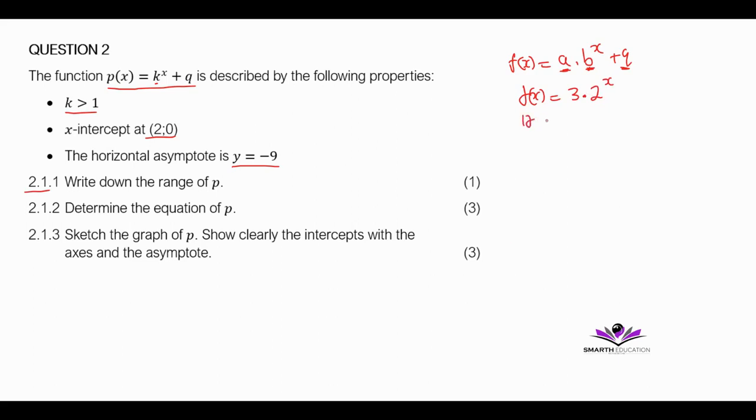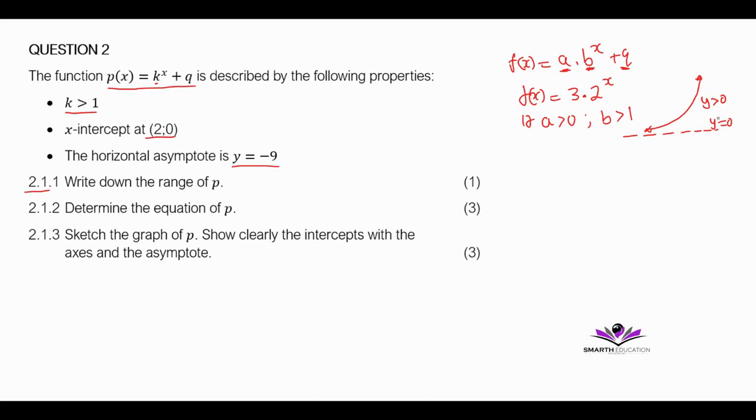If a is greater than 0 and b is greater than 1, we have an exponential function which is increasing like this. Let's say the asymptote here is y is equal to 0. So our range will be y greater than 0.